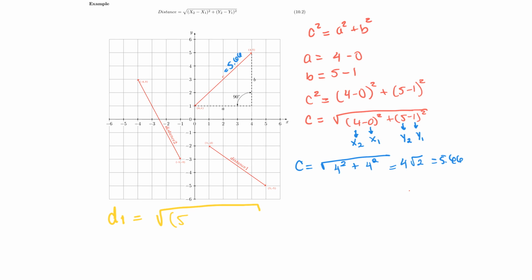So x2, which is 5, minus x1, which is 1, squared, plus y2, which is minus 5, minus y1, which is minus 2. Okay, so let's fix this.